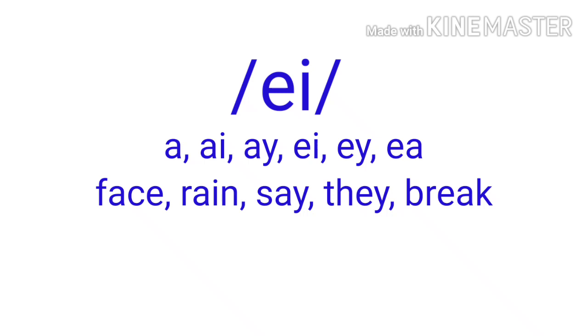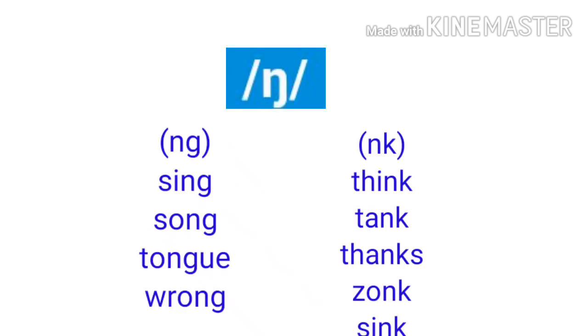Another important tip is on words that have NG and NK together in them. When a word has NG together in it, then the NG is pronounced as a single nasal sound, and in a word that has NK together, the N before the K is pronounced as that same nasal sound.